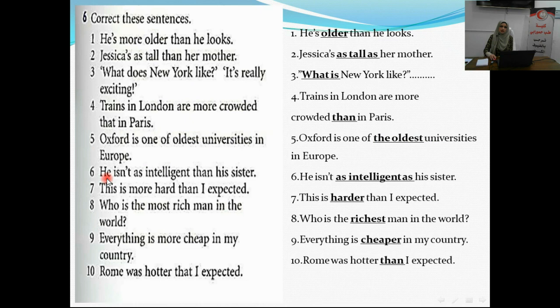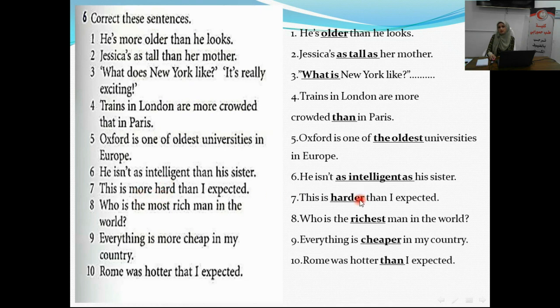Okay, number six, we have: he is not as intelligent than his sister. Since we are using as, we need another as to be added. The sentence would be: he is not as intelligent as his sister. Number seven: this is more hard than I expected. You notice here we have the adjective hard and we have more. Hard is a one-syllable adjective, so we don't need more.